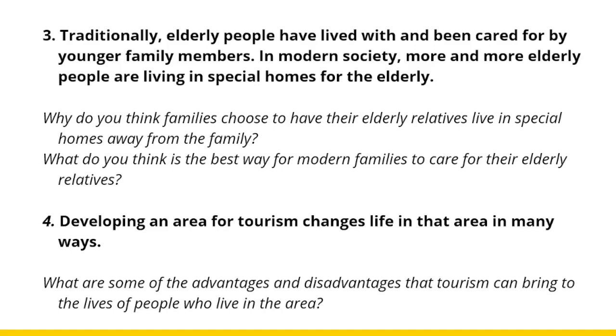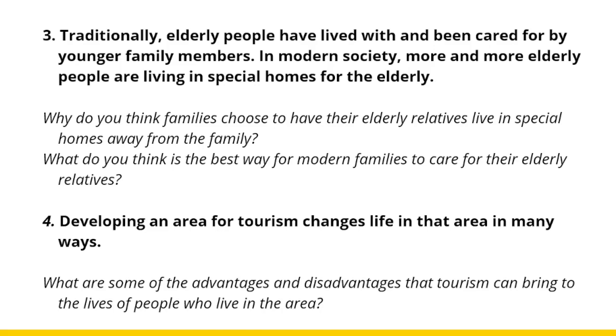And as you can see in this prompt, you have your topic. This is the topic, the one in bold, traditionally elderly people. So they explain the problem you have, and then they're asking you to answer these specific two questions in your essay. That means when you're writing your essay, your body paragraphs have to stay focused on these two questions.